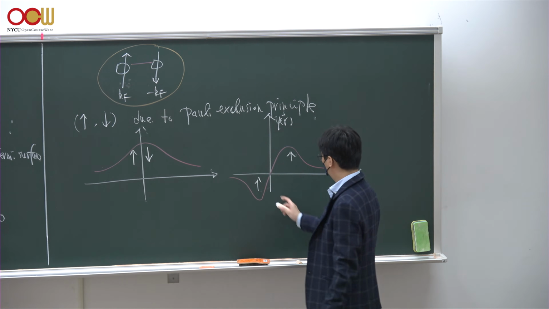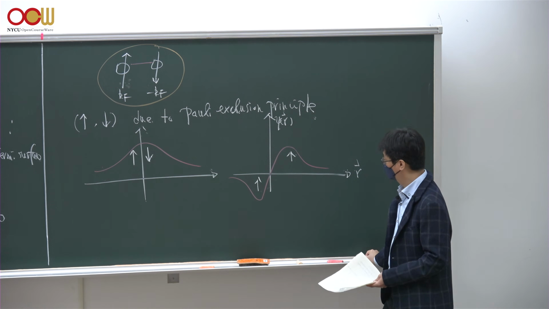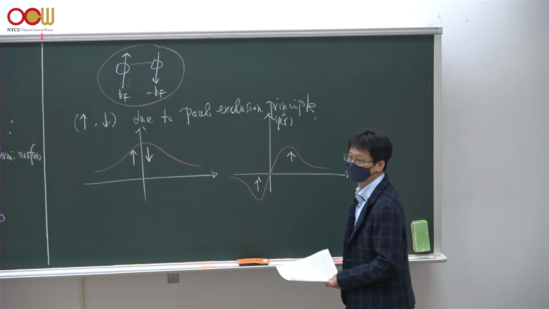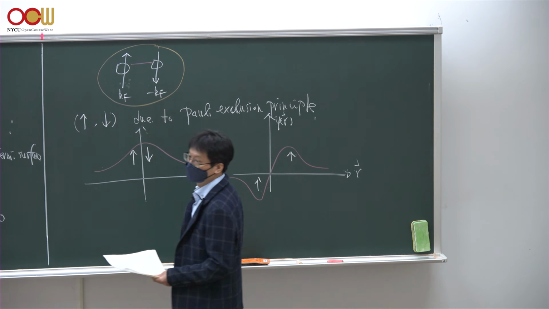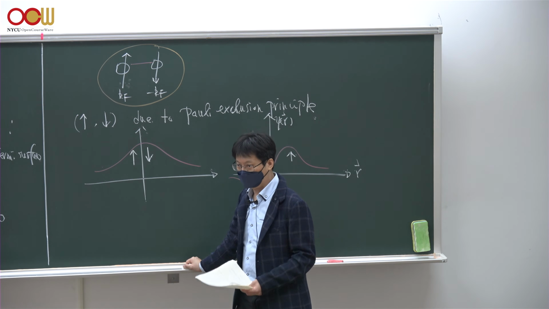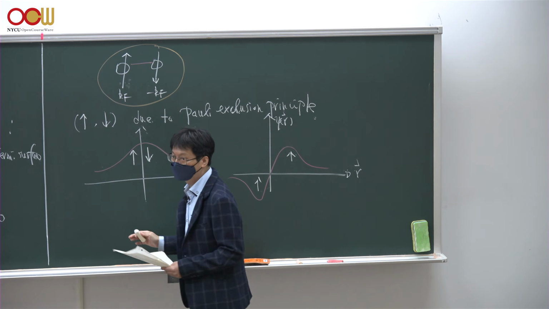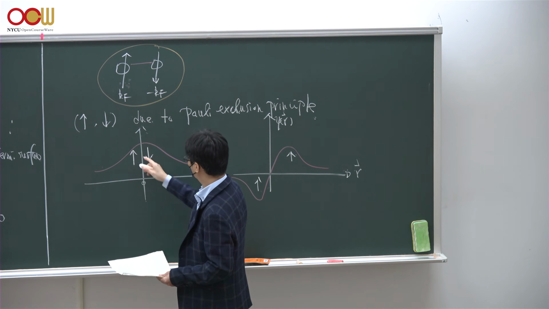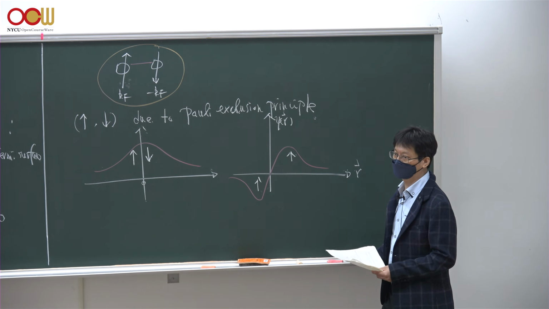They must satisfy this antisymmetric property when you exchange the two fermions. However, if these two electrons occupy opposite spin configurations, they can come closer with a finite overlap of the two wave functions, and therefore there is a finite probability at 0 where the two electron wave functions can overlap.